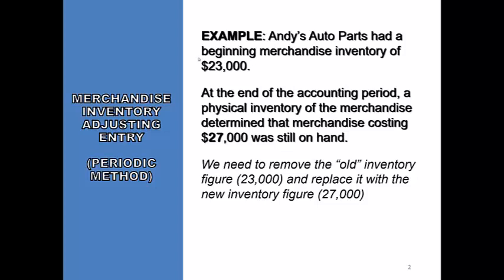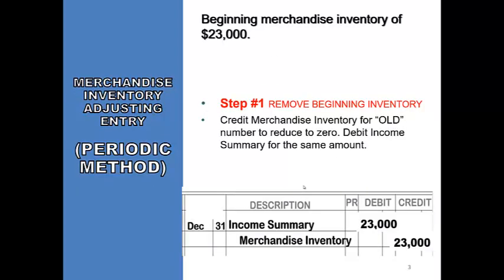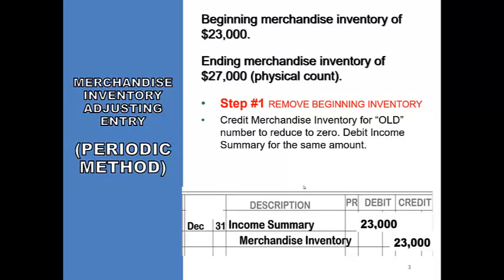So this is a two-step process. We need to remove the old $23,000 from our books and then add the new physical inventory figure that we just counted. The first step is to remove the old beginning inventory figure. So remember, merchandise inventory is sitting there with an old $23,000 debit balance.